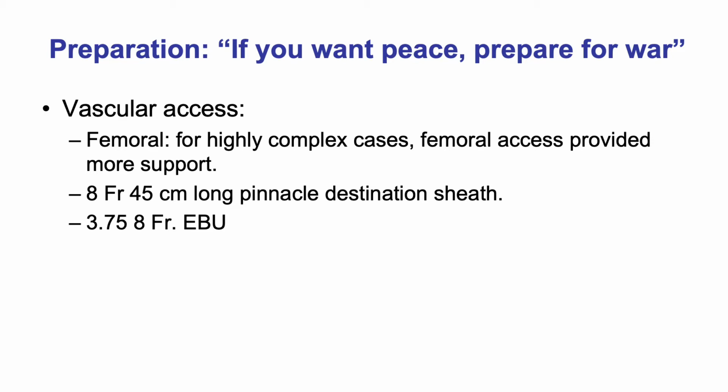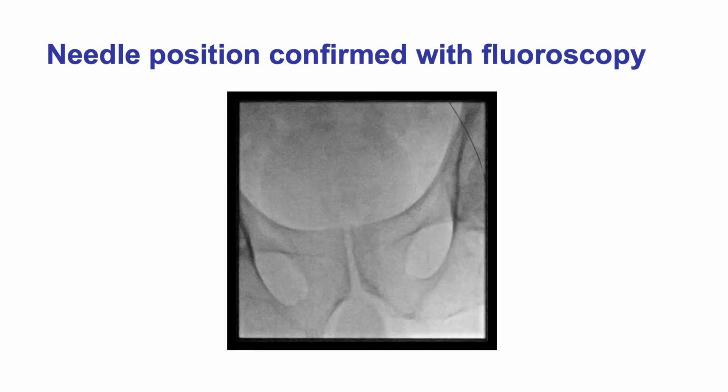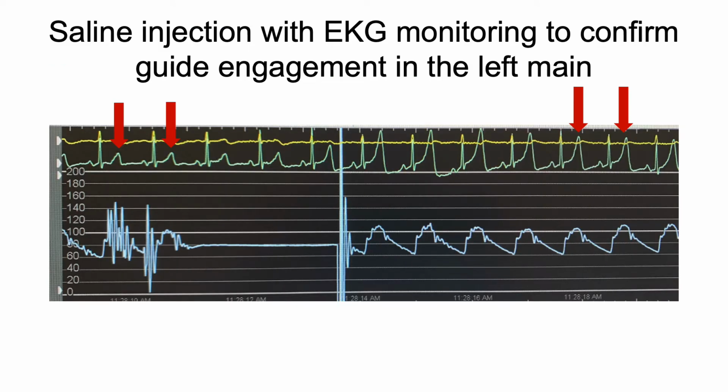So we got vascular access through the femoral approach. We used an 8 French 45 centimeter Pinnacle Destination sheath and 375 EPU. We confirmed the position of the needle with fluoroscopy and ultrasound. We did not use contrast. We also confirmed the engagement of the guide by injecting saline, which usually produces dynamic T wave change, as we can see here.